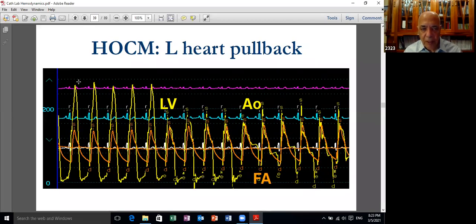In a patient with hypertrophic cardiomyopathy, as you pull from the inlet of the left ventricle up to the aorta, there is a gradient here proximal to the site of the obstruction. As you move beyond the obstruction, the aortic pressure will be equivalent to the left ventricular pressure. You are still here in the left ventricular cavity. There is no gradient because you are distal to the obstruction.